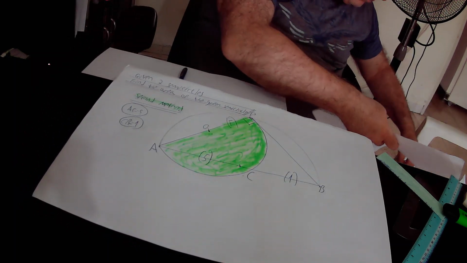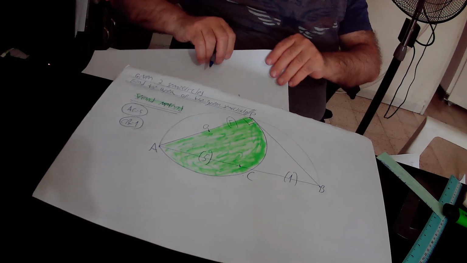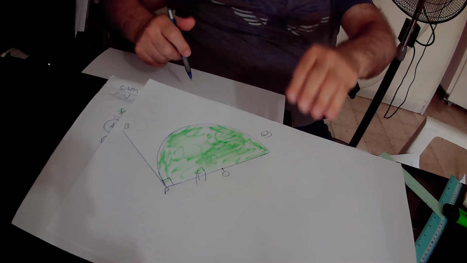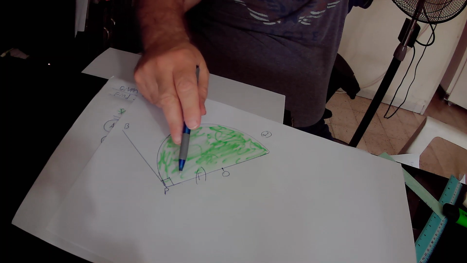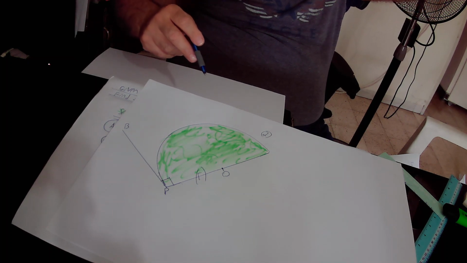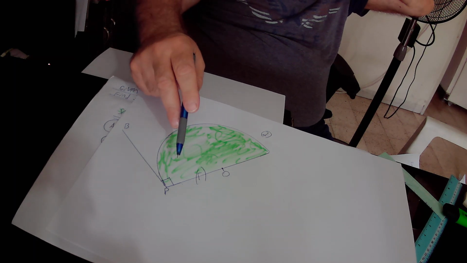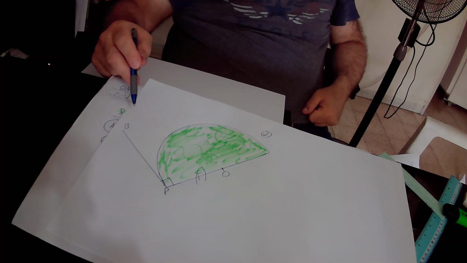Why? Because in our drawing we have line segment BP perpendicular to the radius PO, and according to rule 1, whenever you have a line segment that is perpendicular to the radius PO, it is defined as a tangent.